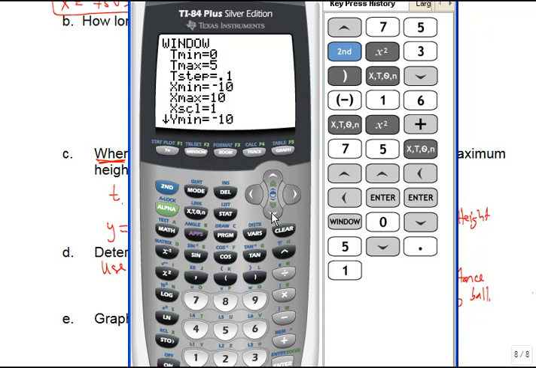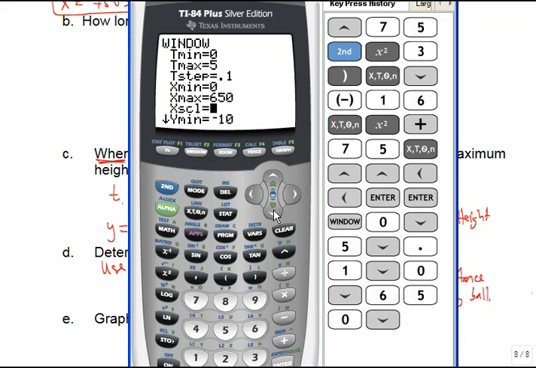Now let's adjust our x's. Remember, x was that horizontal distance, so it's not going to start anything negative, so let's let our x-min be 0. But our x max, what was that horizontal distance that the ball traveled? It was that 608 number, so we need something a little bigger than that. So let's try 650. And I'll make my scale go by 50s. And then for my y's, these were the vertical distances.